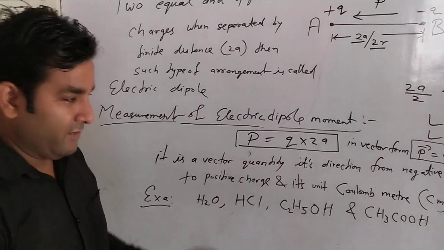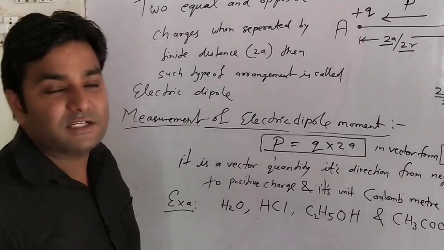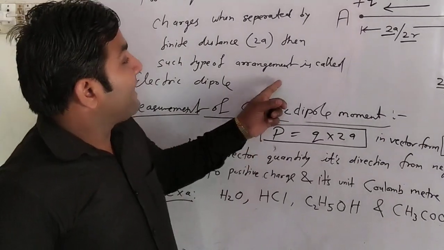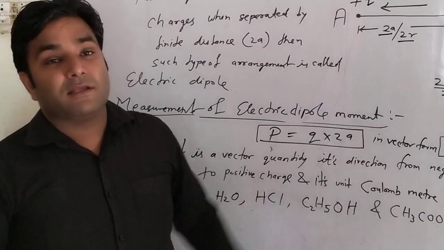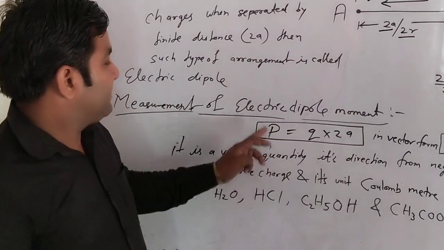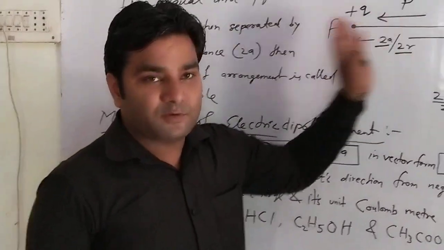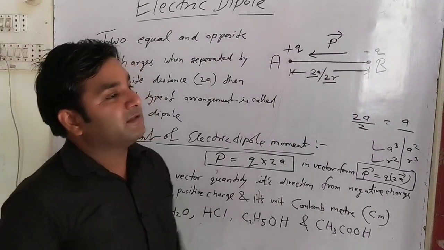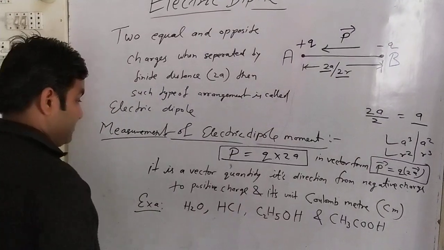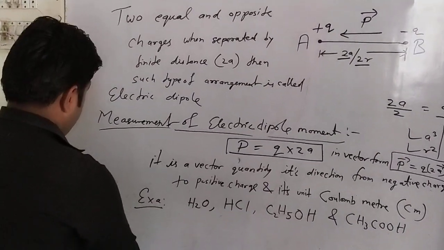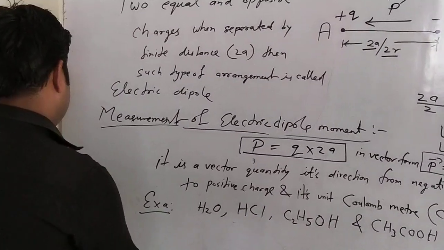Electric dipole means whenever two equal and opposite charges are developed, then they align along a single line. And here the direction of the dipole moment is from negative charge to positive charge along the line, that is BA.